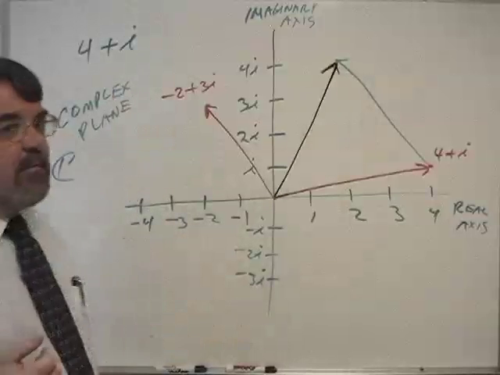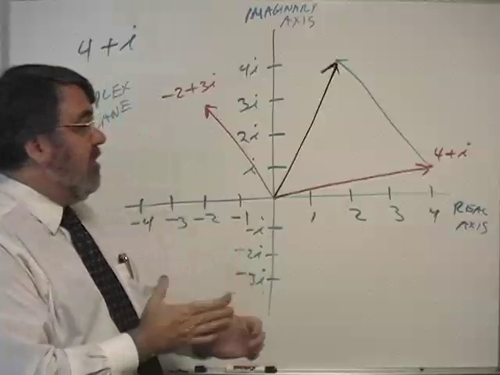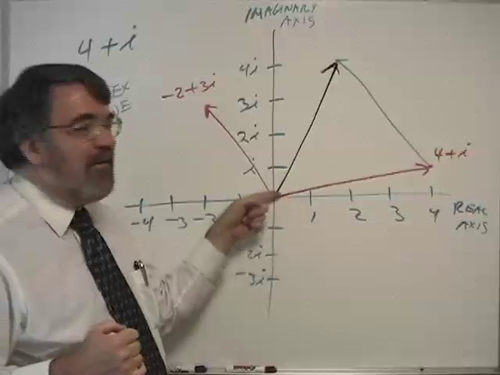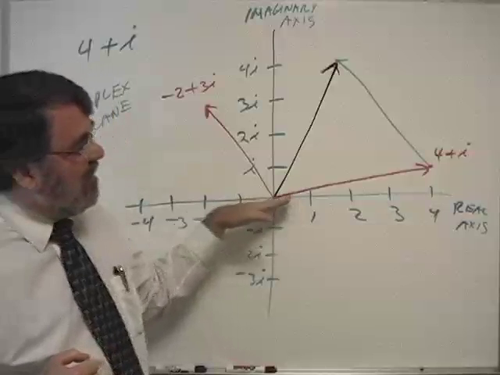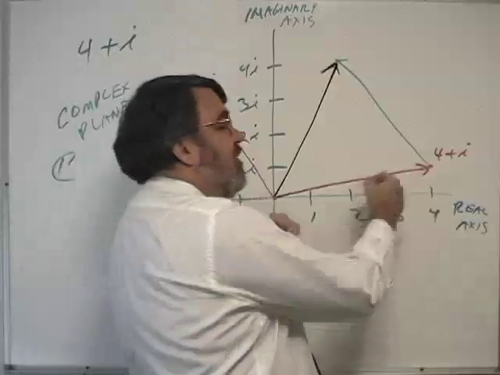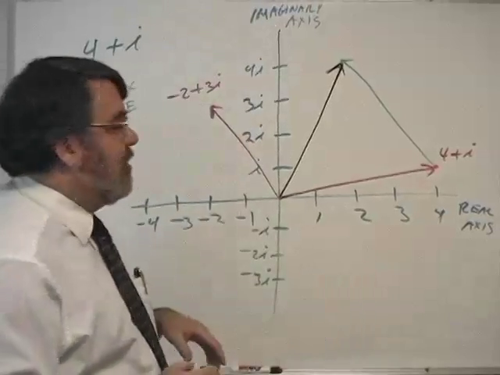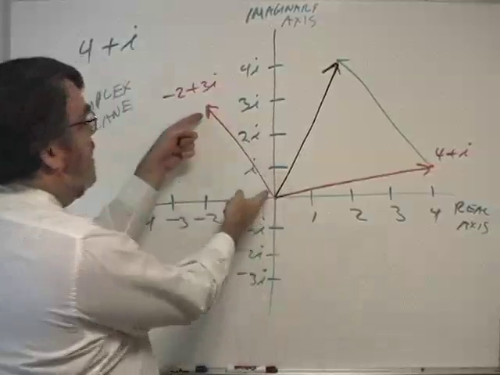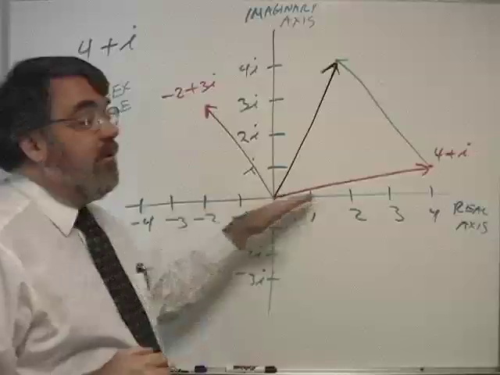So here's kind of how it works. Suppose you were paddling a canoe across a river, and you were going in this direction, and this represented your speed. And suppose the current is pretty fast, and the current is going in this direction, represented by that speed. So where do you end up going?